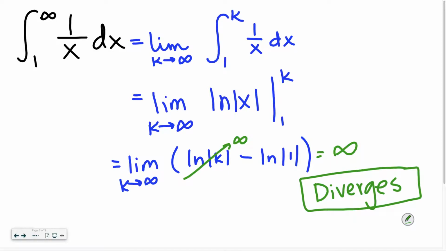We can't put a numeric value on this. It diverges, it gets too big. And how do we know that? Because our limit is infinite. So if you get an infinite or negative infinite limit, then your integral diverges.